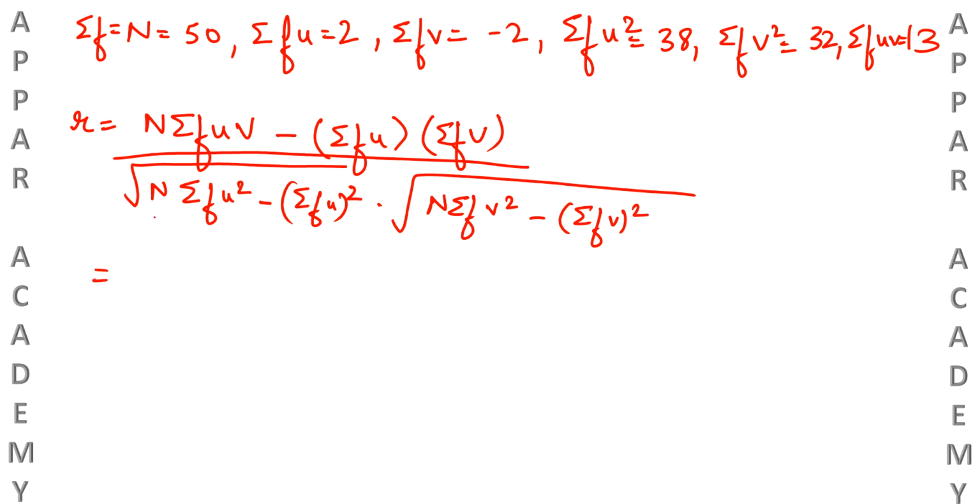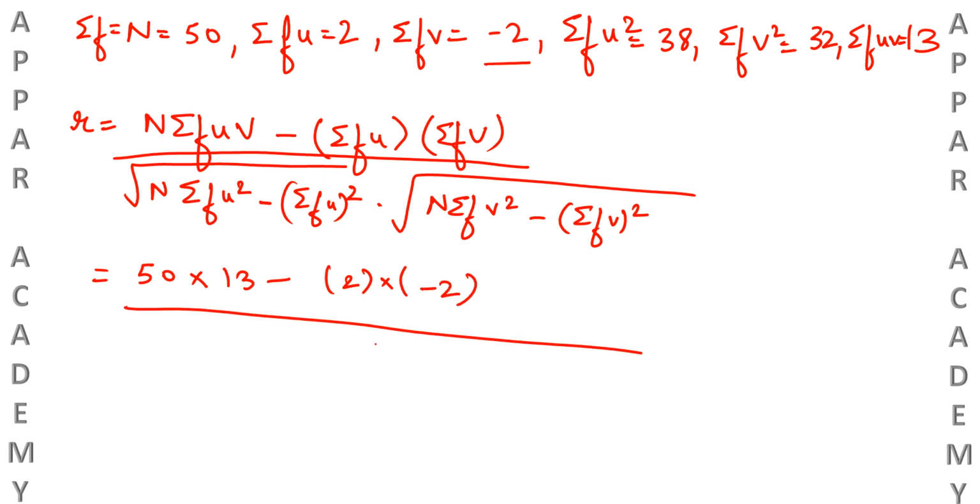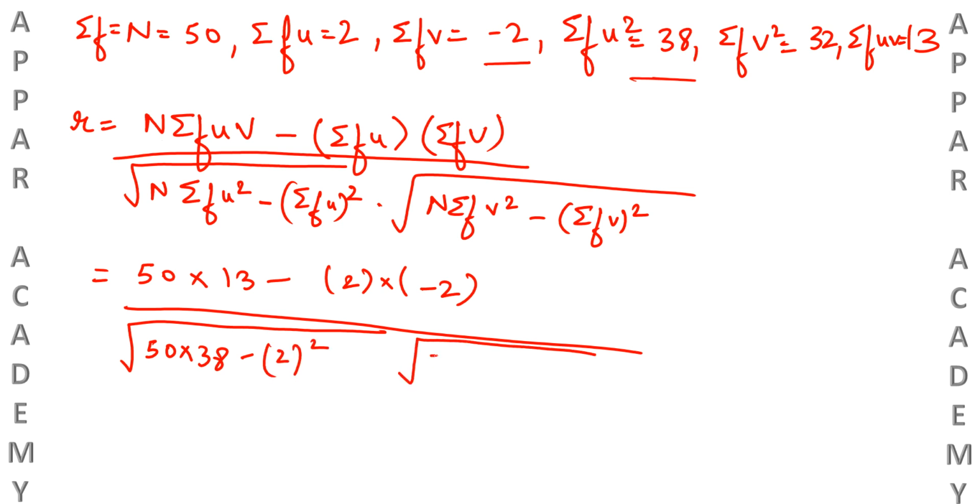So let's just put in the values. N is 50. 50 multiplied by FUV, FUV is 13, minus summation FU, which is 2, multiplied by summation FV, which is minus 2, upon square root of N is 50 into summation FU square 38 minus summation FU whole square. Summation FU is 2, so 2 square is 4. And this becomes N is 50 into summation FV square is 32, minus summation FV, minus 2 square.